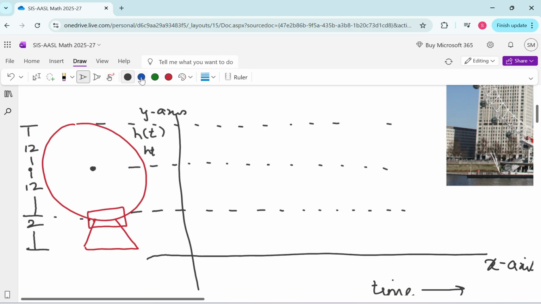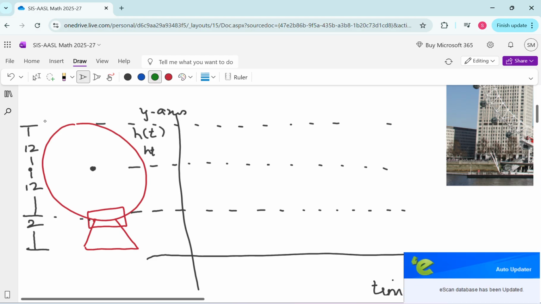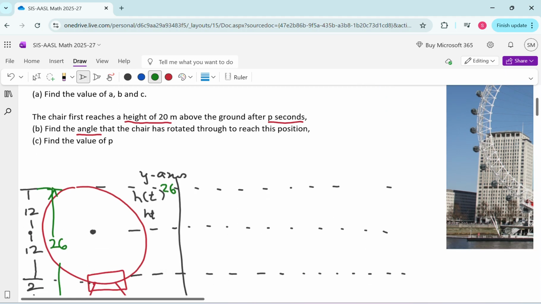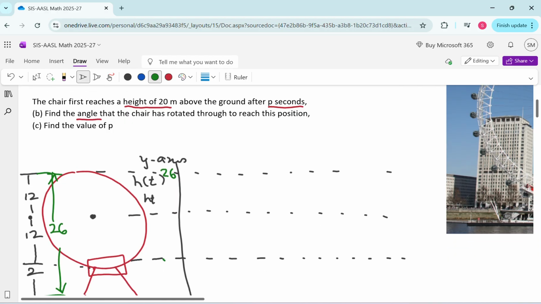Now, if you carefully observe, this height from here to here will be 24 plus 2. So it will be 26. Let's carefully check the unit of the height given to us. It is given in meters. So 26 here. And this is our 2.